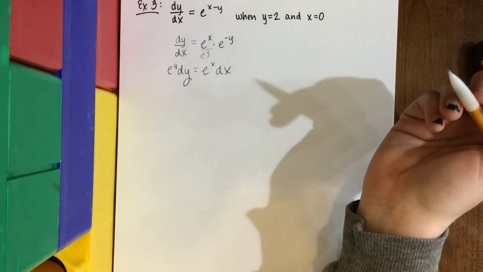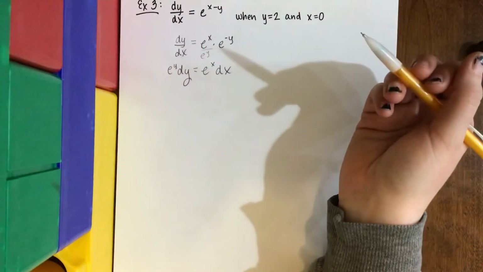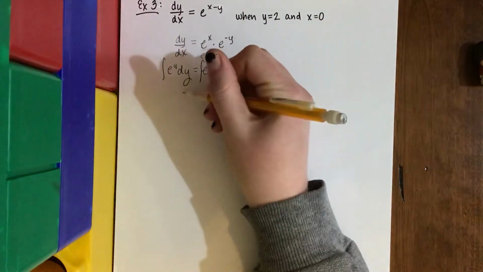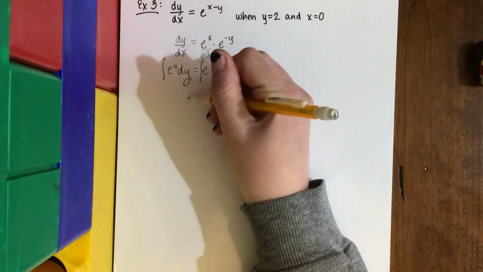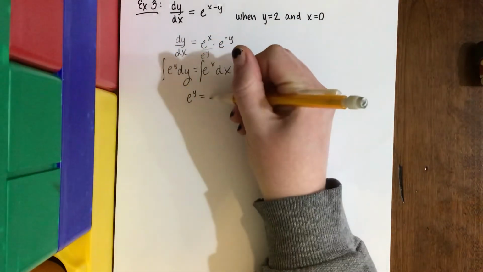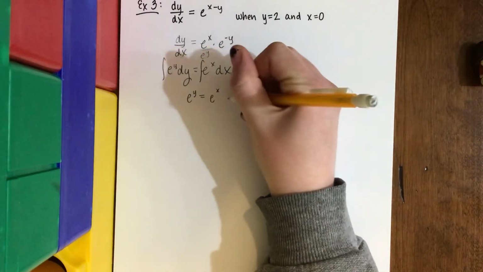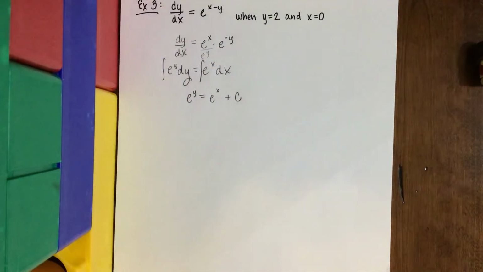Now that we have our variables separated and we find the antiderivative, we know the antiderivative of e to the y dy would just be e to the y equals e to the x, but now I have this plus c here.